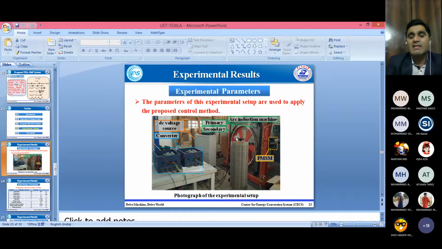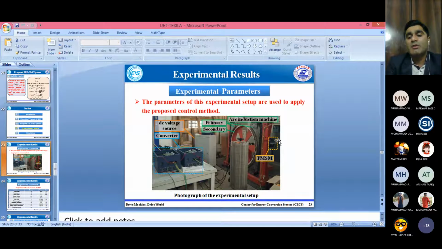And there is a regulator. This regulator shows how we regulate this VDC, the DC voltage for the inverter. And there is one PMSM machine coupled on the same shaft.